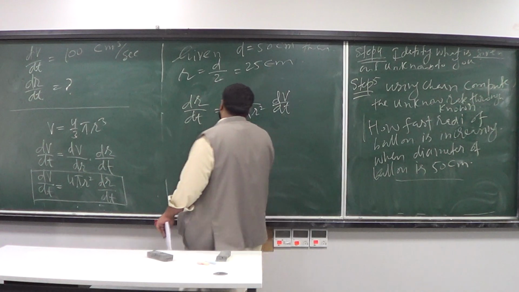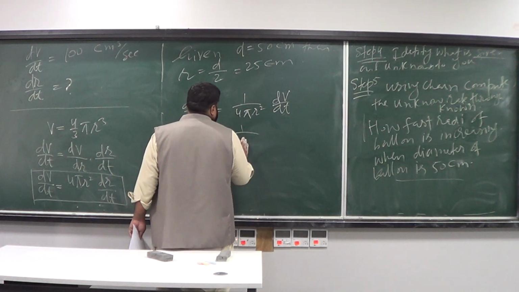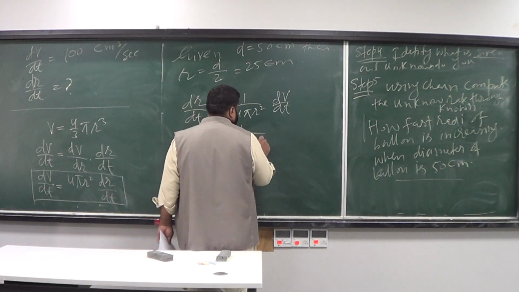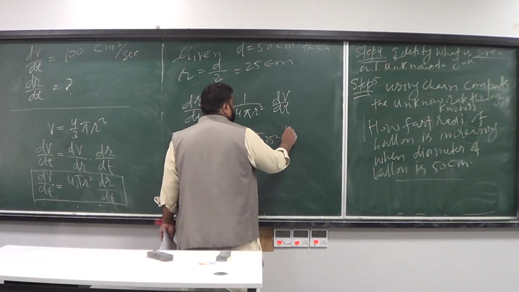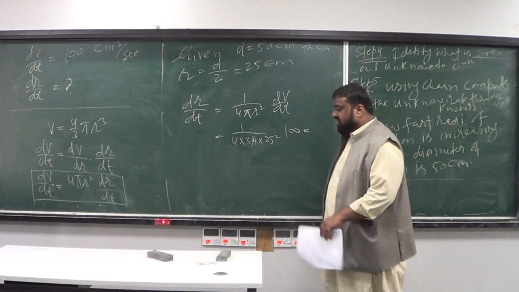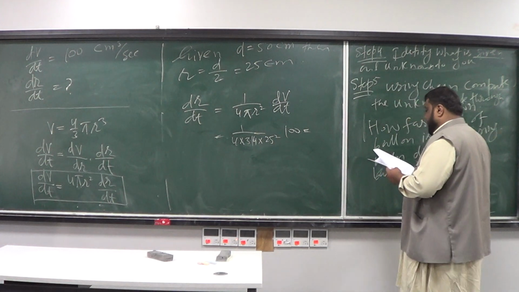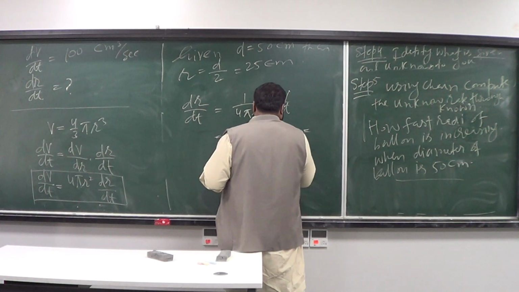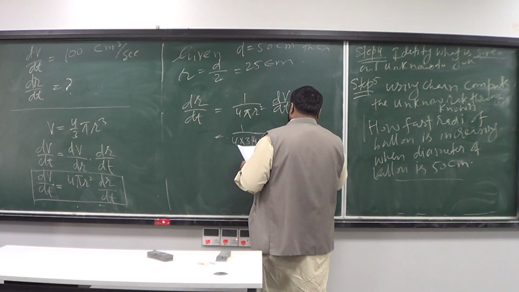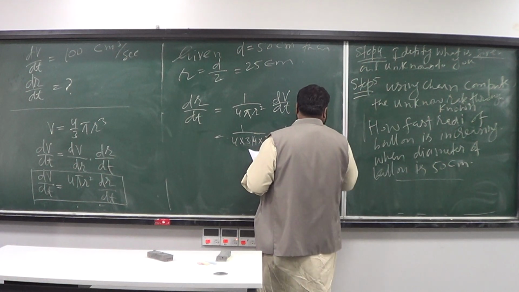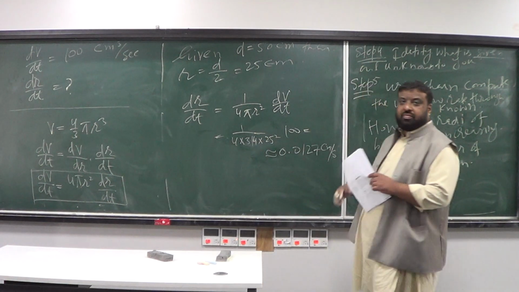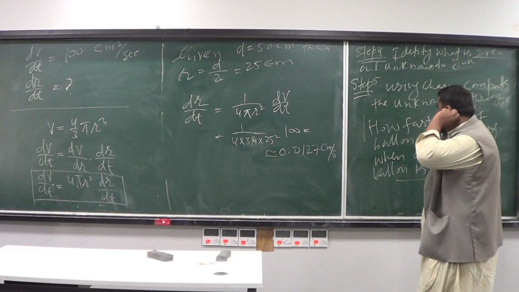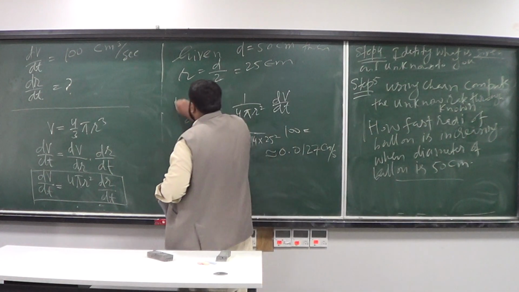If you substitute all values, you have 4 times pi, which is approximately 3.14, times 25 squared, times 100. So you get the rate at which the radius of the balloon is increasing, which is approximately 0.0127 centimeters per second.